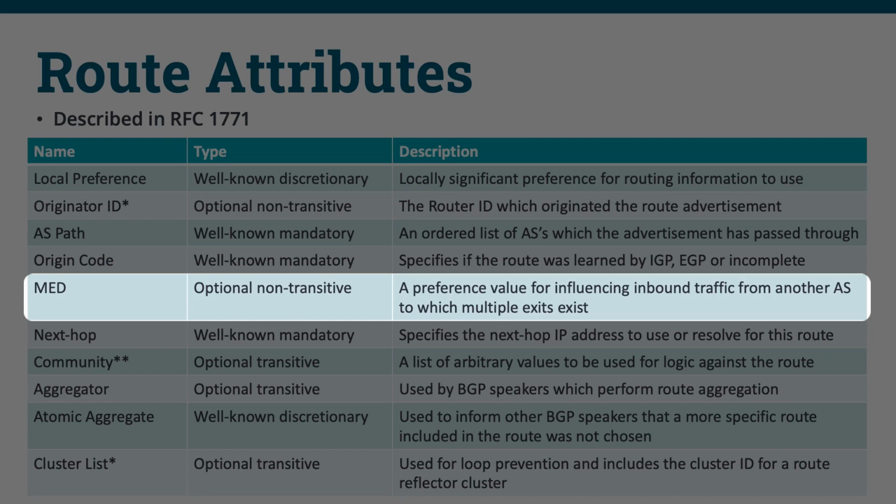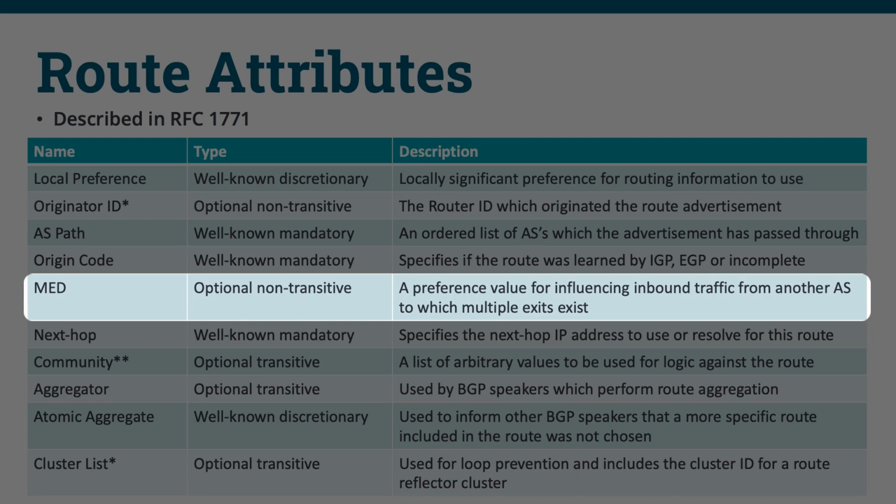The MED attribute may be included in route advertisements over an eBGP peering, though what makes it non-transitive is that the MED attribute will not be included in subsequent advertisements of the route to other adjacent autonomous systems.